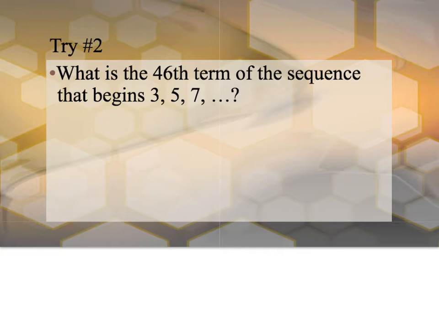So on the first try, it says, what is the 46th term of the sequence? So here we go. A sub n equals A plus n minus 1 times the difference. We don't know what the last term is, so we're going to write A sub 46 to represent the 46th term. A is 3. That's the first number in the sequence. Plus n is the number of terms, and the number of terms is 46.